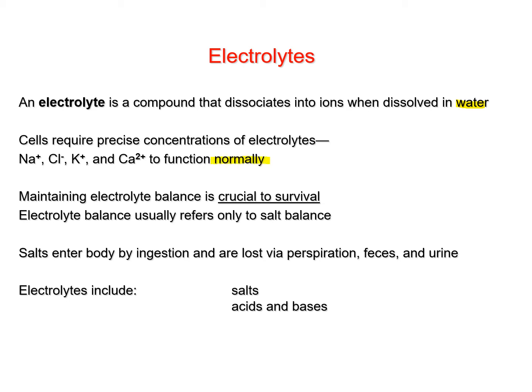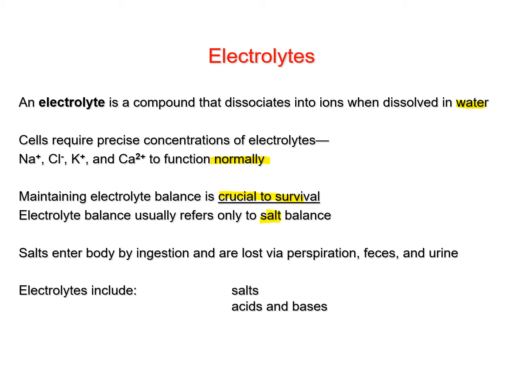Maintaining that electrolyte balance is, in fact, crucial to survival. And when we talk about electrolytes, typically we're talking about salt balance. I don't think of salt as only NaCl. There are a number of different salts. It's not just referring to NaCl, although sodium, the Na ion, is particularly important, and you'll see that soon enough.